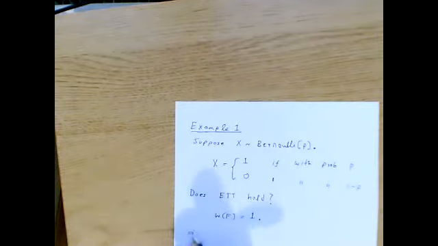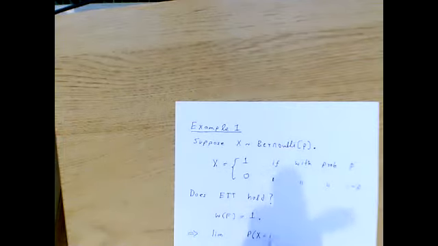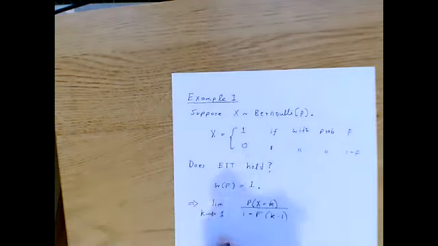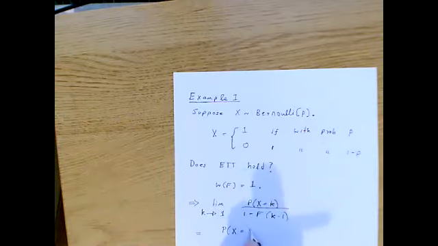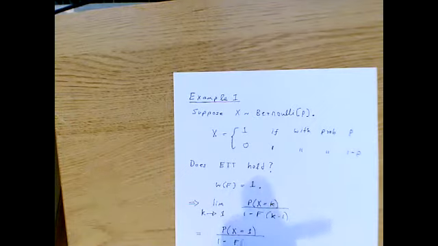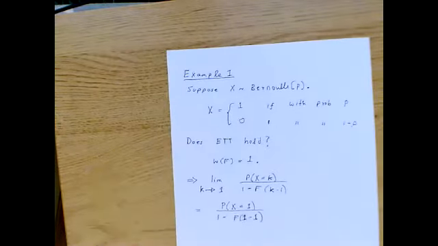So this implies that we look at the limit of the ratio, the probability that X equals k divided by 1 minus the CDF at k minus 1, as k approaches 1.